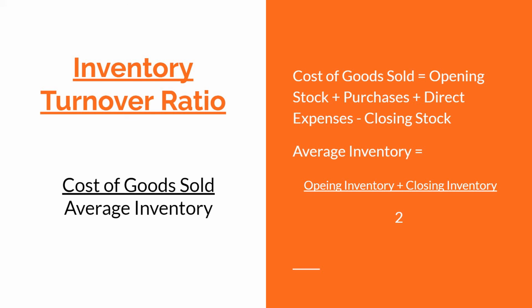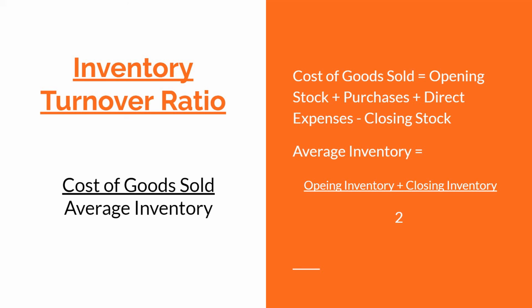We are not taking an opening or closing inventory but an average inventory, so that you have an idea of what inventory you had during the year. Average inventory is nothing but opening plus closing inventory divided by 2. You will get an average. And cost of goods sold is very simple: opening stock plus purchases plus any direct expenses, reduced by closing stock.